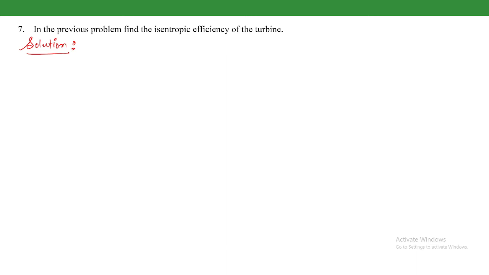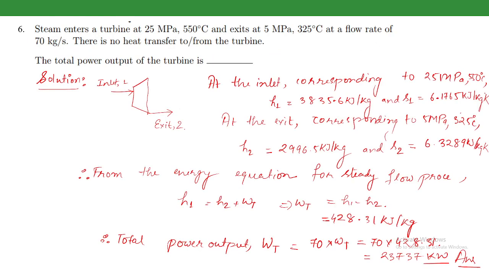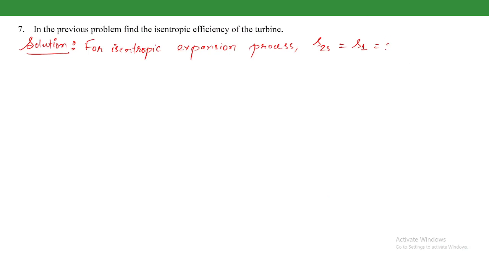So for the isentropic expansion process, S2S is equal to S1, and that will be 6.1765 kilojoule per kg Kelvin.